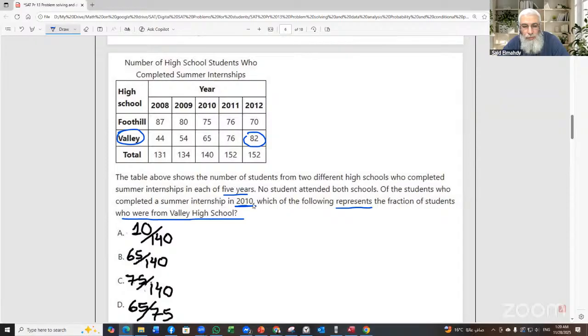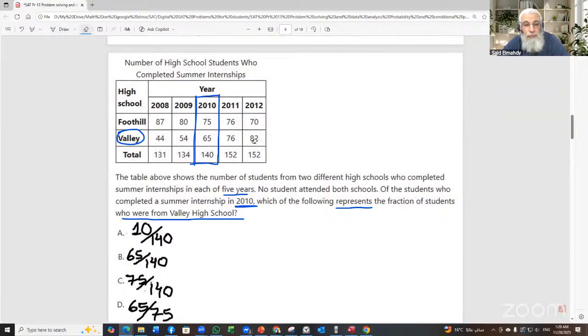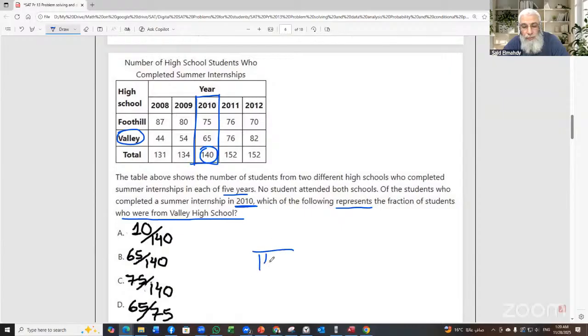So we speak about 2010 only. The total of 2010 is 140. This is the total. And the number of students from Valley is 65.